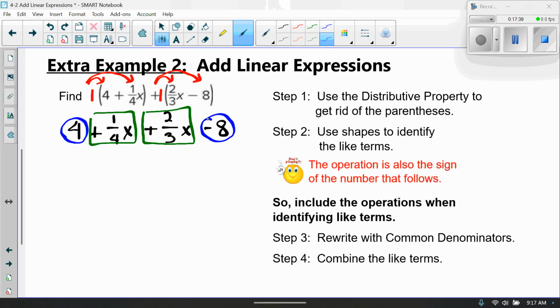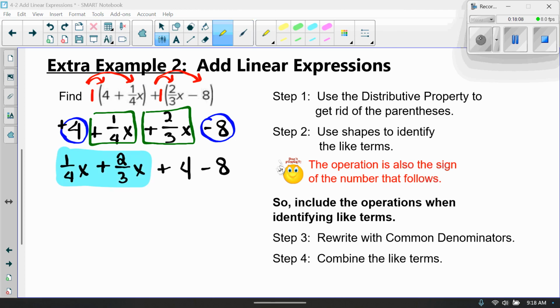Okay? Now, we like to do the variable terms first, okay? So we're going to put those together. So we've got 1/4 x plus 2/3 x, and this is a positive 4 here, so this is going to be plus 4 minus 8. So here are the pieces we are going to be working with.